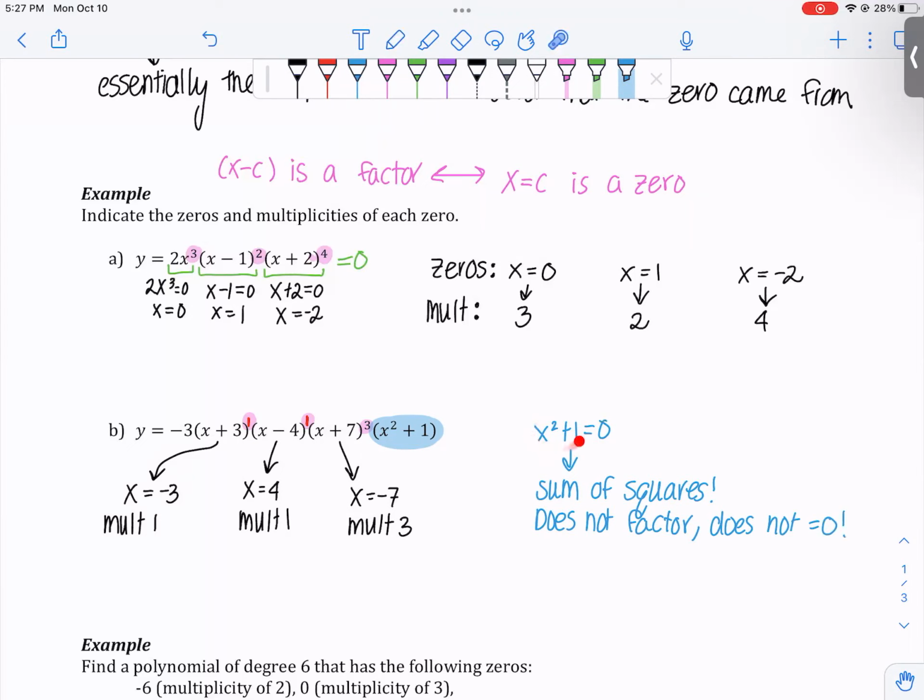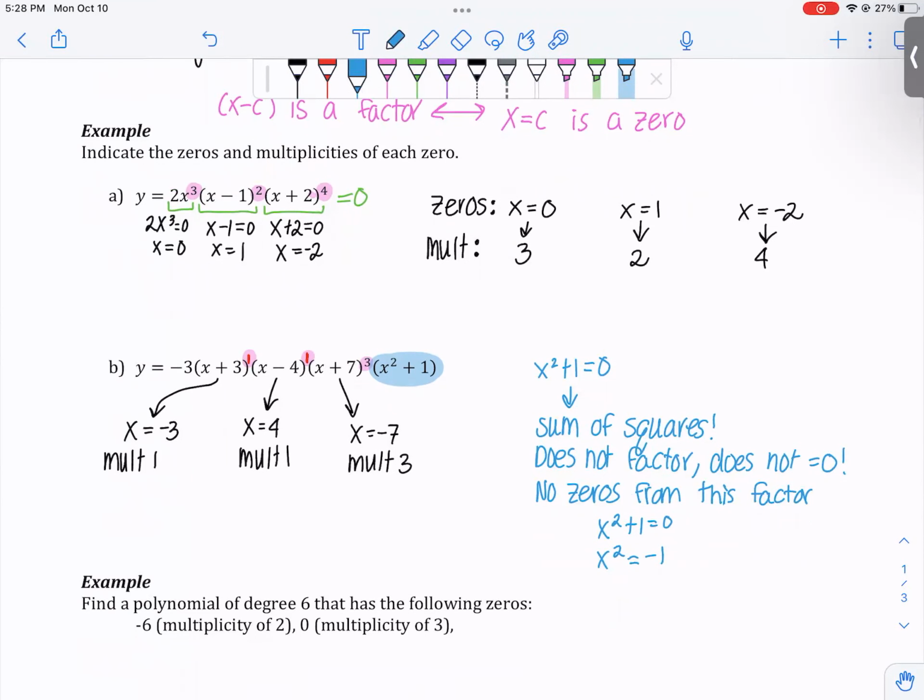This would never equal 0 because if you were to plug in any number here and square it, it'll become positive. And then if you add 1 to it, you're going to be even more positive. So this will never equal 0. It's a sum of squares. This does not contribute any zeros. If you were to try to find a zero from it, x squared plus 1 equals 0, x squared equals negative 1.